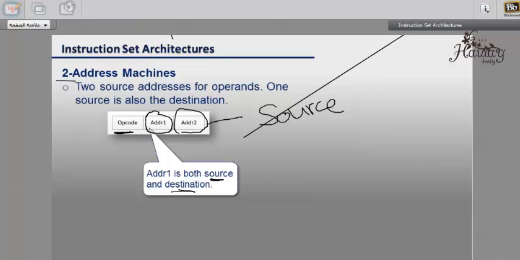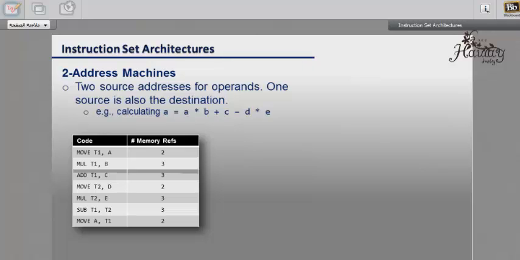Okay, now we're talking about the two address machine. So with the two address machine, the one in the middle is a source and destination, and the one on the right-hand side, the second address, is always a source. So let's take the example. Right, so if you have the same equation, imagine the brackets are here. Now look how the operation is done, quite different, which is why again I said to you, you need to remember the names.